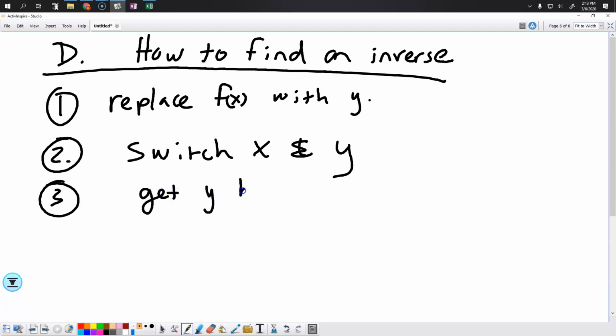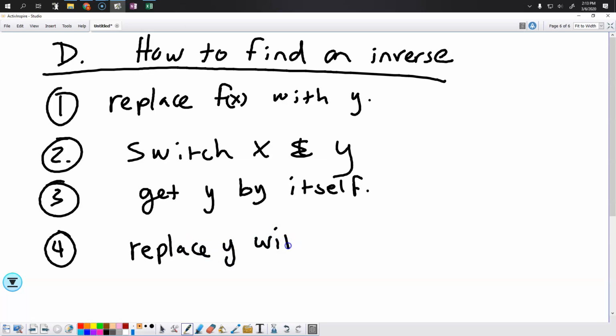Get y by itself. One more step. We're almost there. You guys ready? This is the last one. This is the last step. Replace y with f negative 1 of x. Because by then we've got a new function. We're going to call it the inverse at that point.